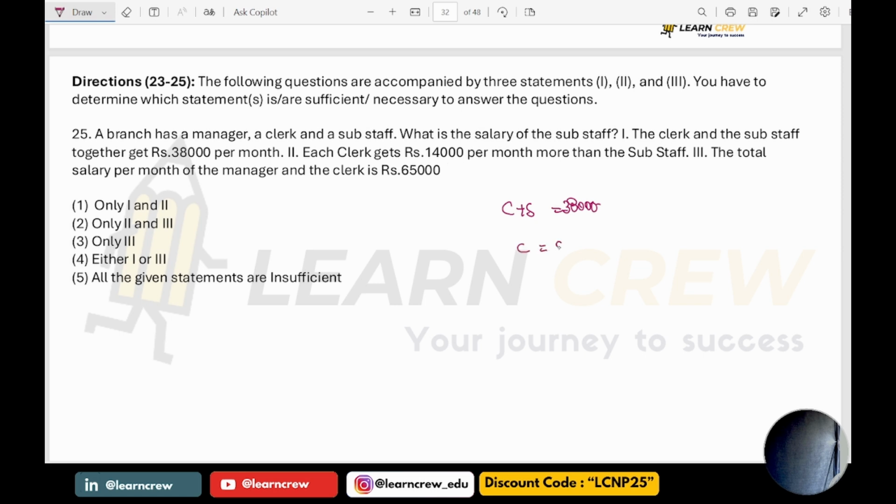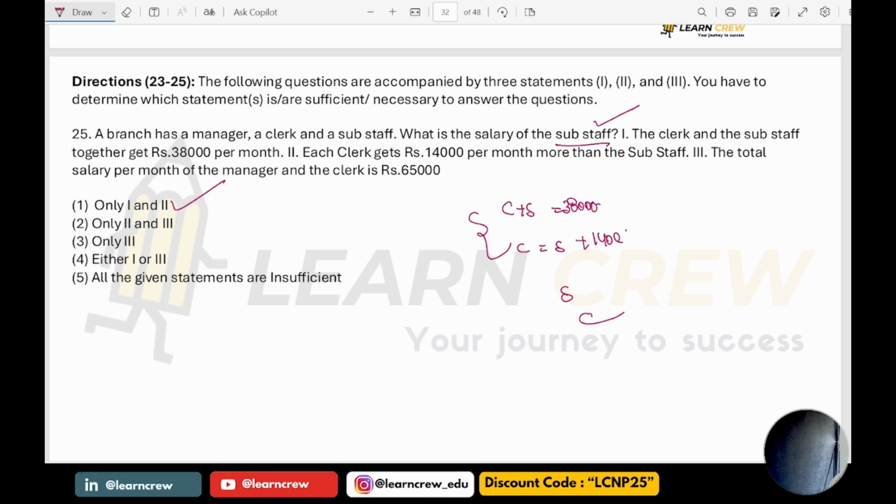So clerk is equal to substaff plus 14,000. From these two you will get the value of S, and from that you will get C also. Substaff is required, so you can get it by combining first and second. First and second are sufficient to get the answer.